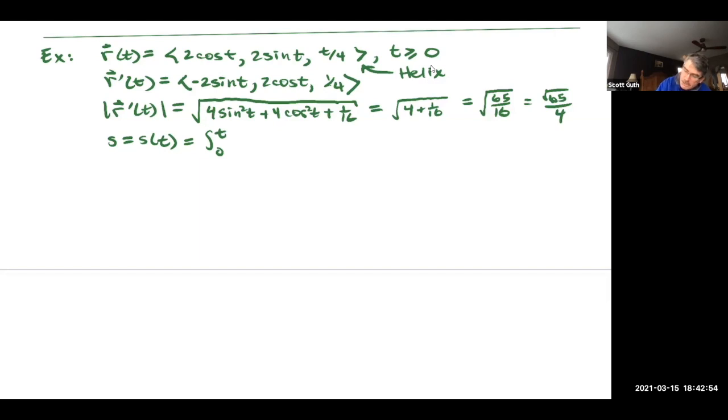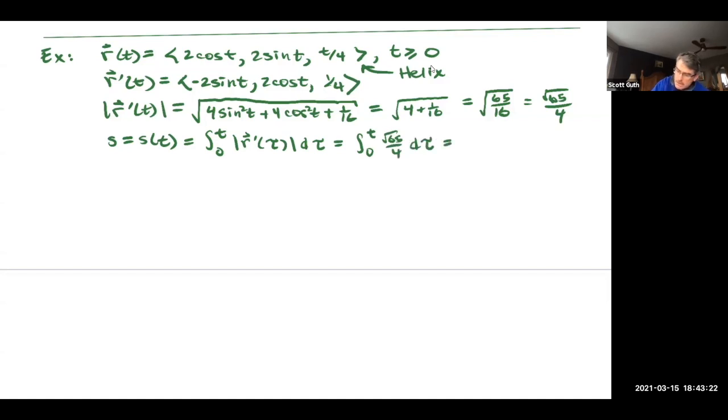So 0 to t of the magnitude of r prime of tau d tau. Good news is that's super easy. We just have the integral from 0 to t of the square root of 65/4 d tau.